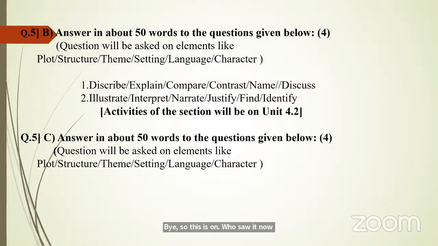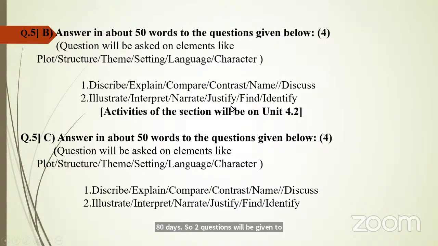Question number 5C, that is based on, again, Around the World in 80 Days. So two questions will be given to you. Same kind of questions. Here they may give you the table, or they'll ask you to write certain terms, or they may ask you like Denham and any other character, compare and contrast.